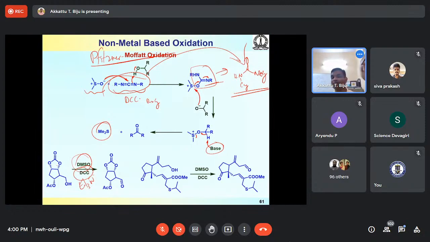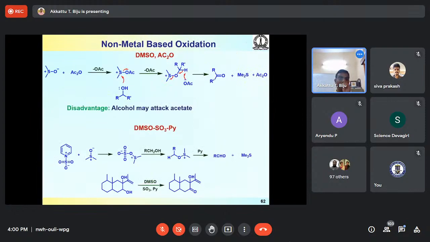If you look at Swern oxidation, one has to use oxalyl chloride. Even if you try to prevent it, oxalyl chloride will contain traces of HCl. That HCl can create issues for some functional groups. So in some cases, the Pfitzner-Moffatt oxidation reaction will have some advantage over the classical Swern type oxidation. Also, in a different context, one can also use acetic anhydride.